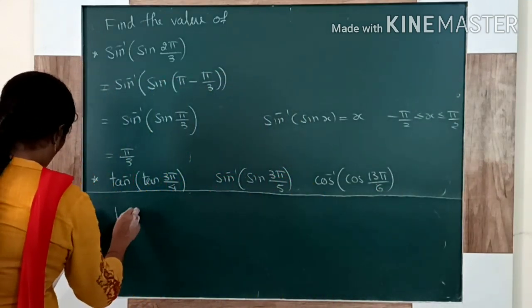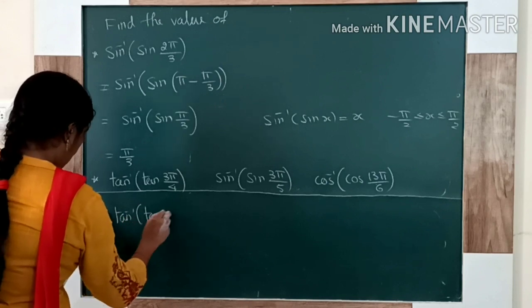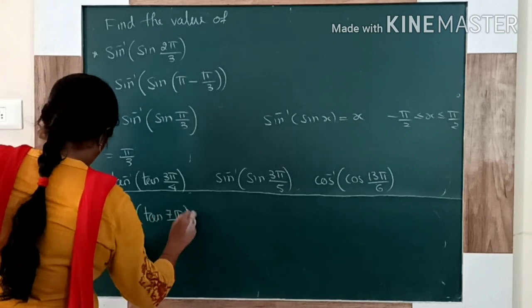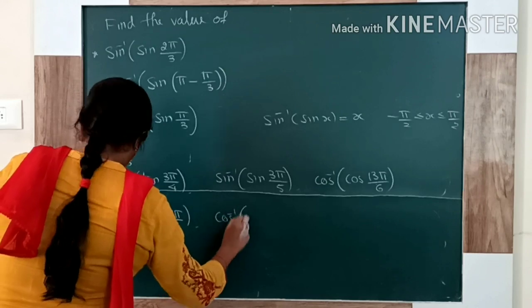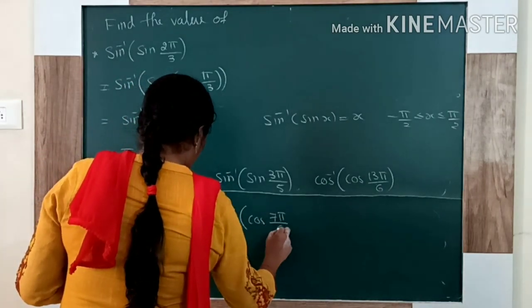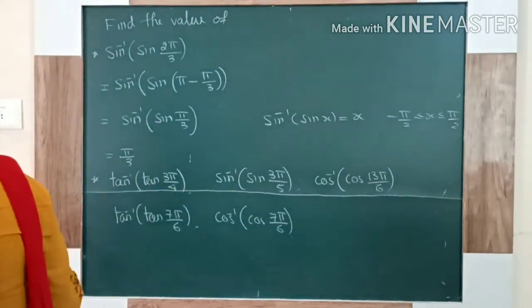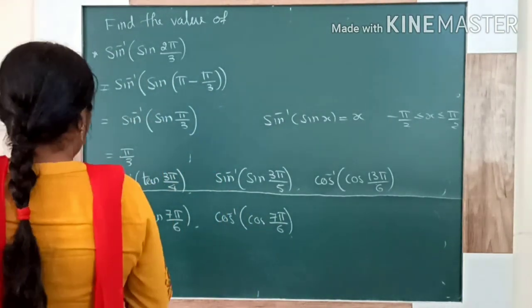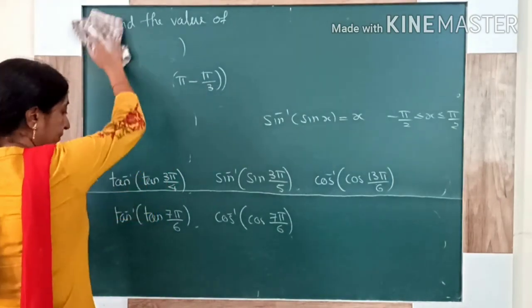Tan inverse of tan 7 pi by 6. Cos inverse of cos 7 pi by 6. So these I am giving you as homework, and we will be explaining some more examples.